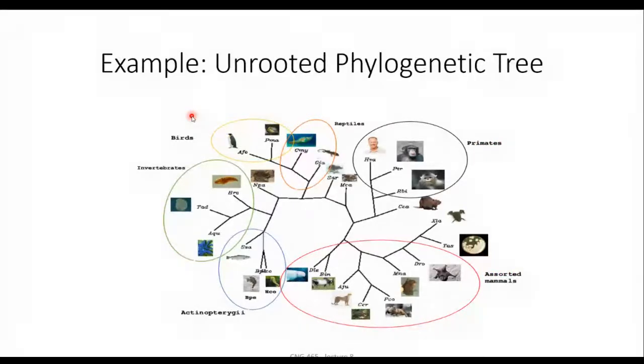And when we have unrooted ones, as I said, we don't have an initial point, but these trees are very useful in order to just pick one species and compare it with other species right away, without considering the root of them.